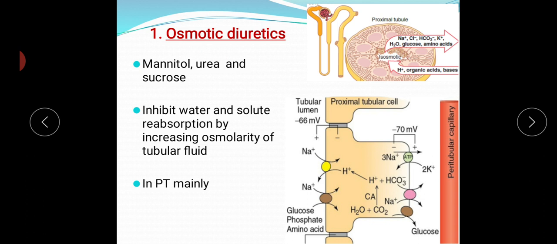That glucose can act as an osmotically active particle and cause polyuria, that means diuresis. A person suffering from diabetes mellitus has the complaint of polyuria: they excrete a lot of water and have frequency of urine. So these substances act by preventing water reabsorption mainly from the proximal tubule.